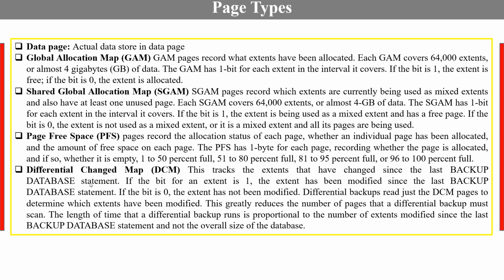What is the GAM page? GAM stands for Global Allocation Map. Try to understand it very simply. Every GAM page size is 4 GB, which contains 64,000 extents information.